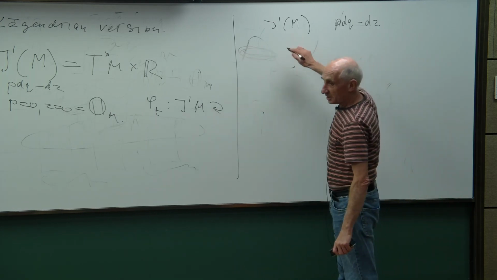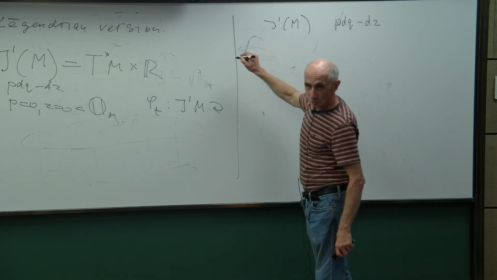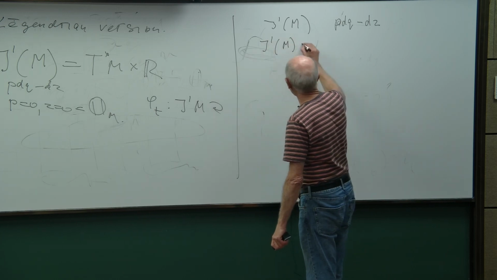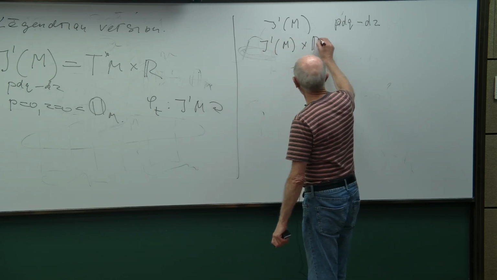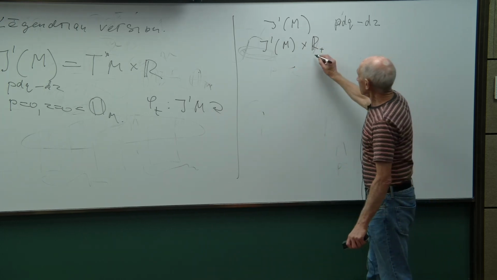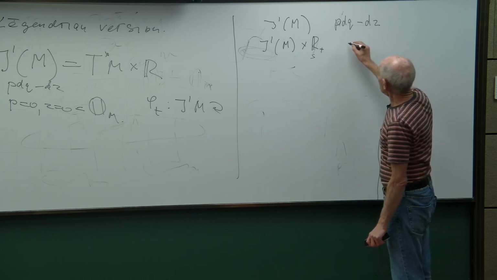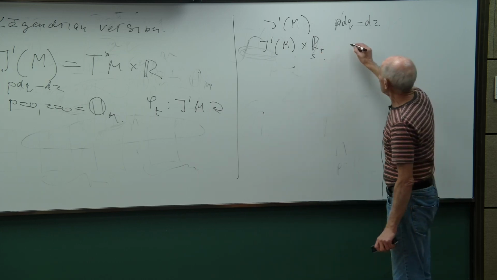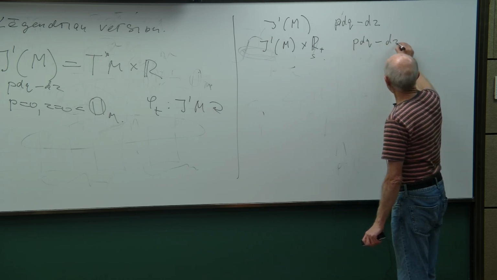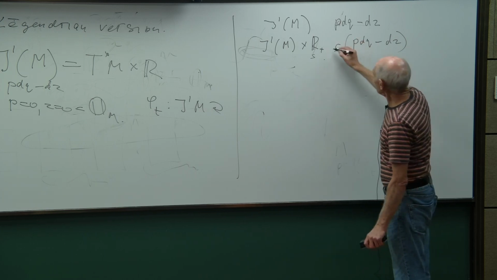So take a symplectization of this, and symplectization, as I told, can be thought of as you take the one-jet space of M times R_+, and let's call the coordinates here, and then you have a symplectic form on this one, which is the d of s(p dq minus dz).